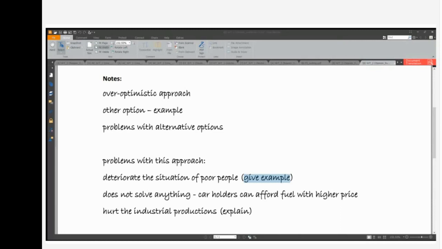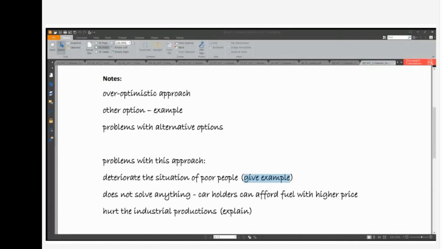So, once the fare of the public transportation is too much, then that can be a problem for general population. Furthermore, we can say that fuel is not used to run cars only, so it is also used to run industries and machines. So increasing the price of fuel would hurt the industrial production as well.